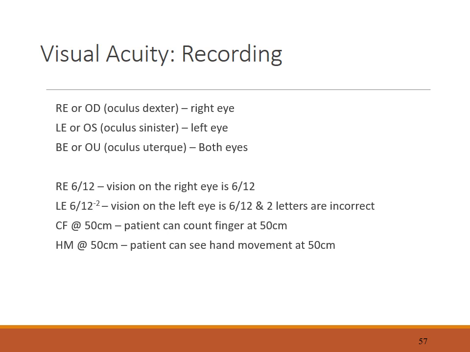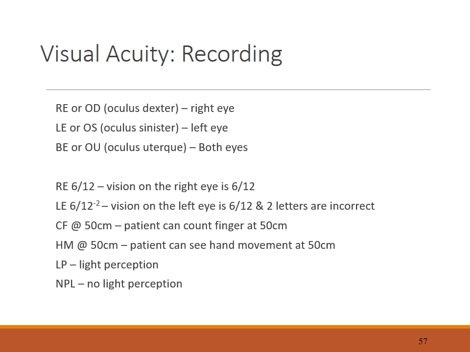And we have counting finger, which is tested at 50 centimeters, meaning the patient can count the fingers at 50 centimeters. We also have HM at 50 centimeters, meaning the patient can see hand movement at 50 centimeters. If the patient cannot see hand movement, we can introduce light from the pen torch.